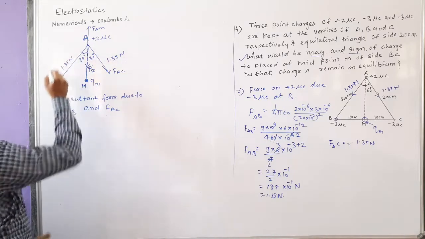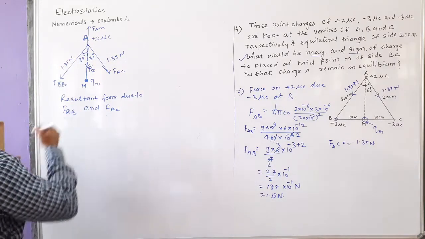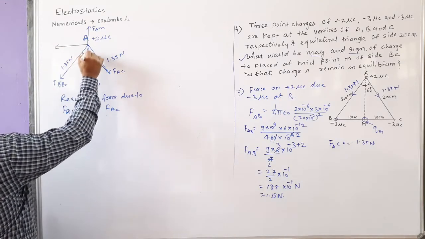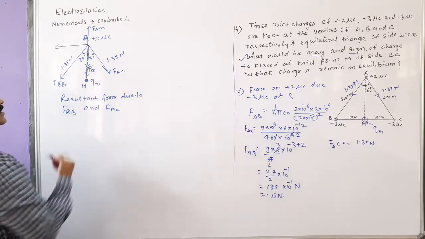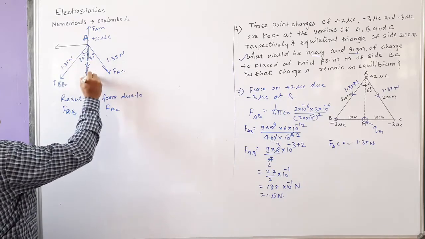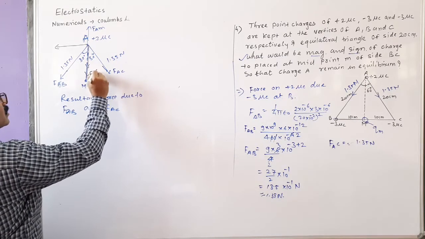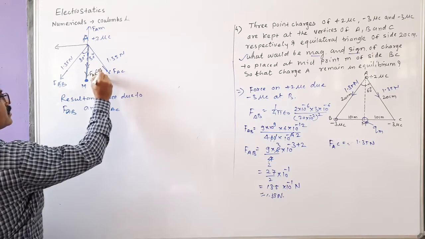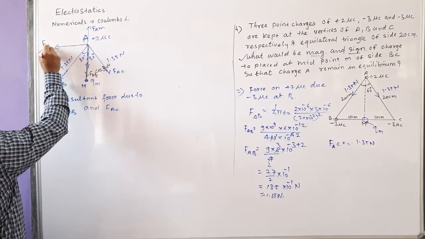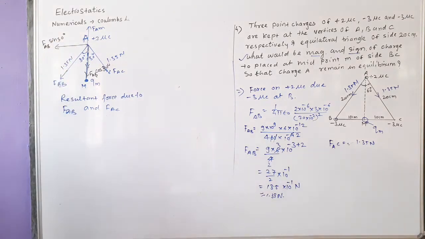So resolve this vector into two components. We can resolve this vector into this component, component 1, and the other along this direction. So this will be F AB cos 30 degrees and this is F AB sin 30 degrees. This is resolved into two components.